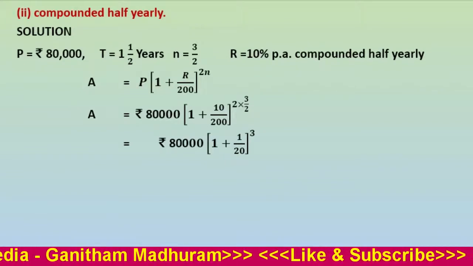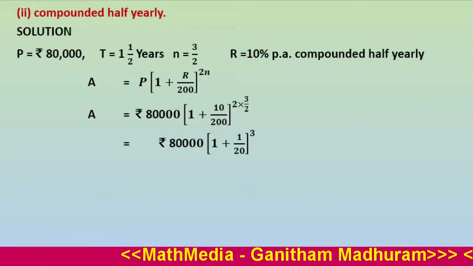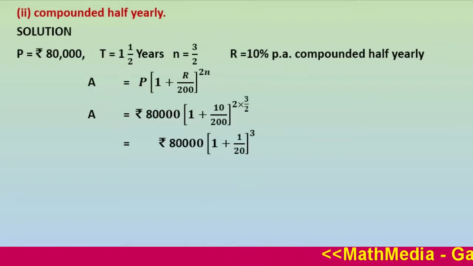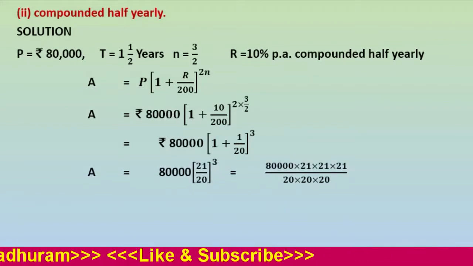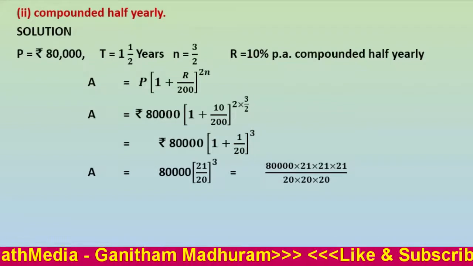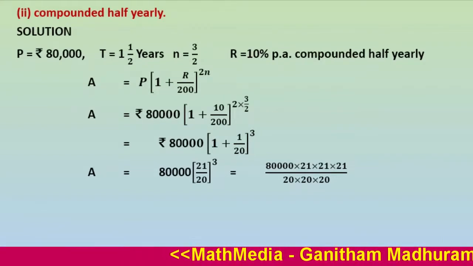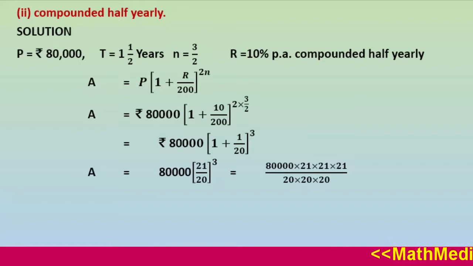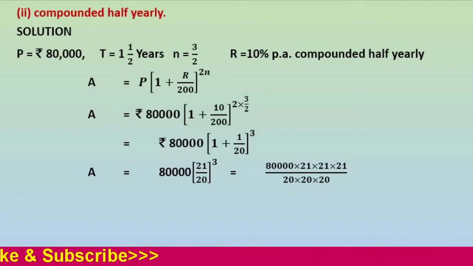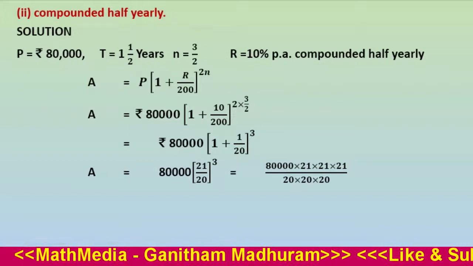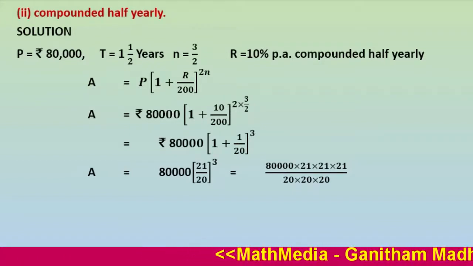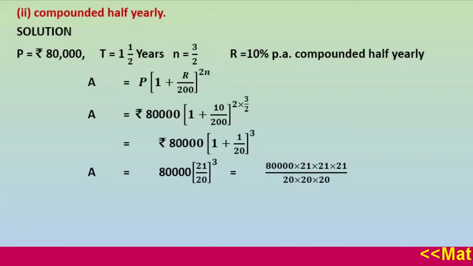While solving 1 plus 1 upon 20, we get 21 upon 20 raised to 3. That is 80,000 into 21 upon 20 whole raised to 3, equal to 80,000 into 21 into 21 into 21 upon 20 into 20 into 20. The denominator becomes 8,000. So the numerator 80,000 and 8,000 can be cancelled.